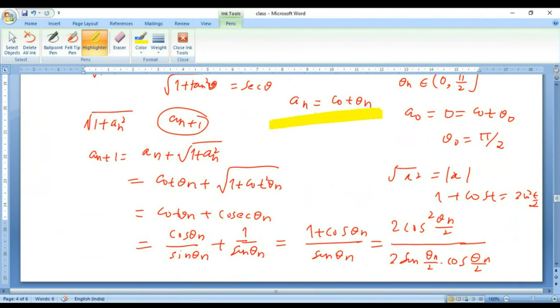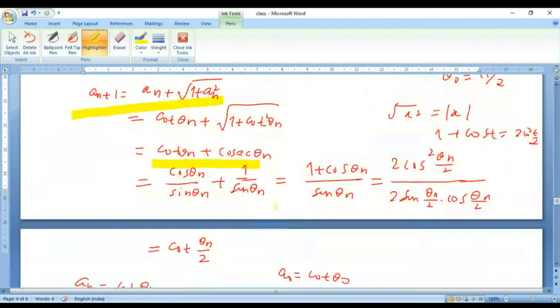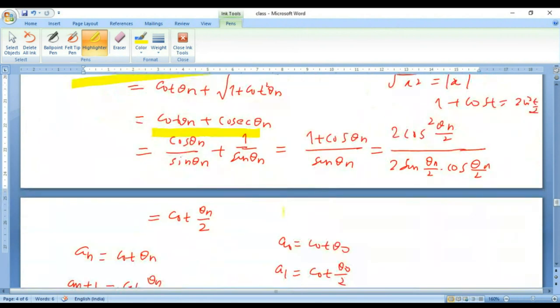And so we got an plus 1. This recursion, an plus 1 is an plus square root of 1 plus an squared, simplifies a bit, and we are getting cot of theta n plus root of this one, ultimately cot theta n plus cosec theta n, and this also simplifies much, and we are getting a very simple expression.